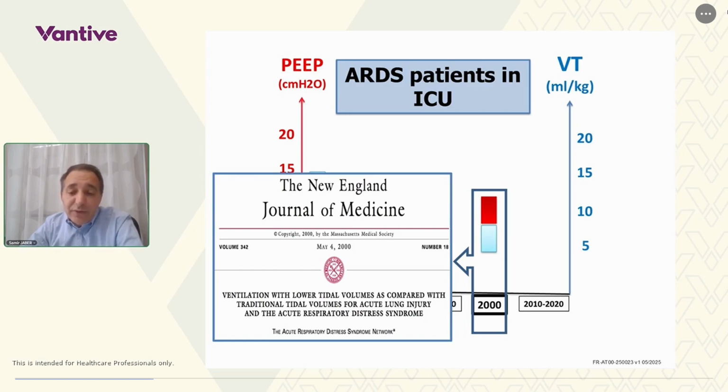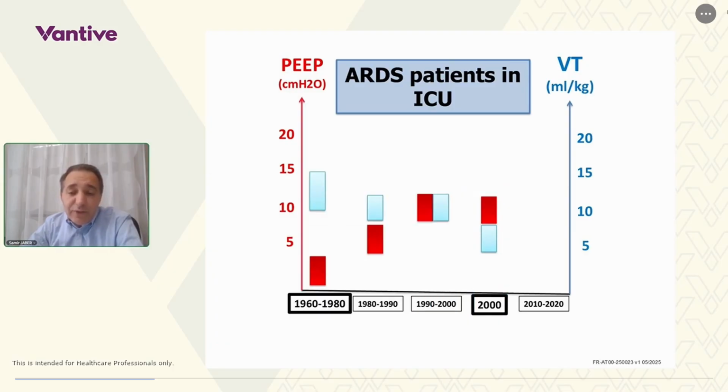We don't know really what the reality is today, but we know that probably it's better to avoid high tidal volume. So after that, as you see, in the most recent 10 years, we have high PEEP for the most severe patients and low tidal volume.